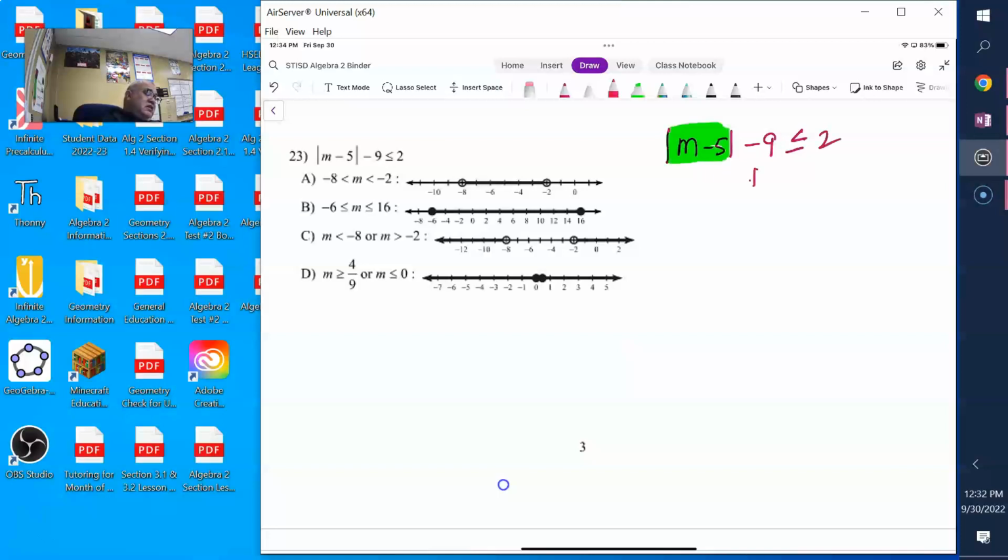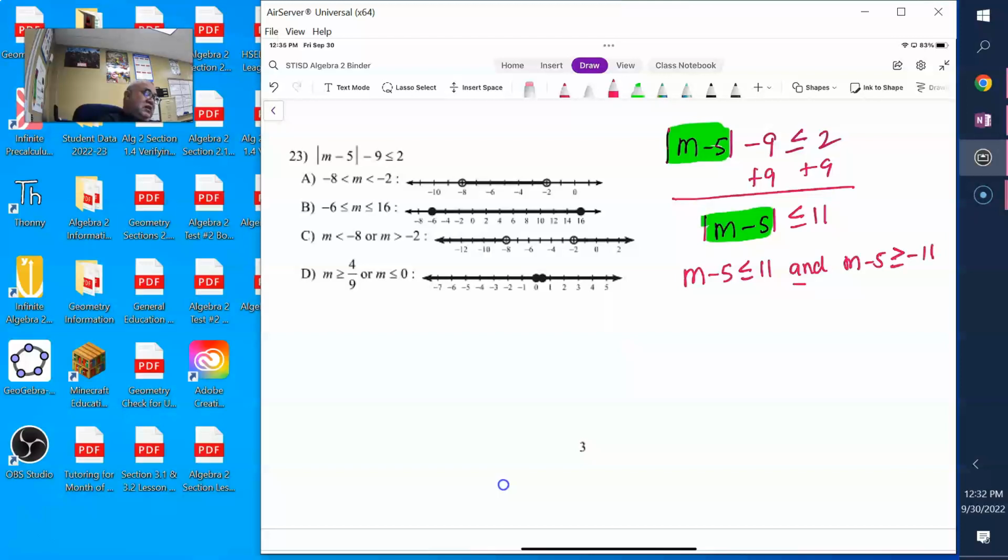So we have to add 9 to both sides. So you have the absolute value of m minus 5 less than or equal to 11. Once you have that, then you can write your two inequalities. M minus 5 is less than 11, so you hear the word and. You have m minus 5 greater than or equal to -11. Remember, you want to have the absolute value on the left side.